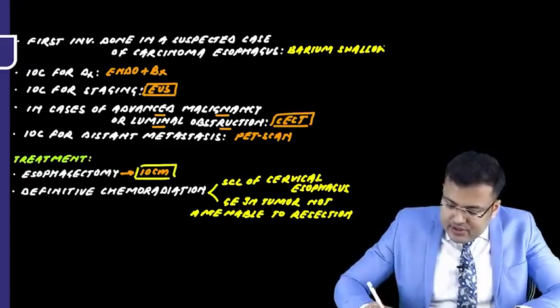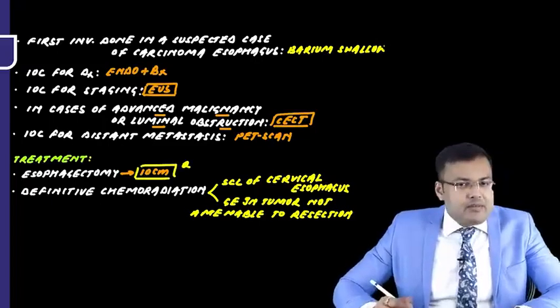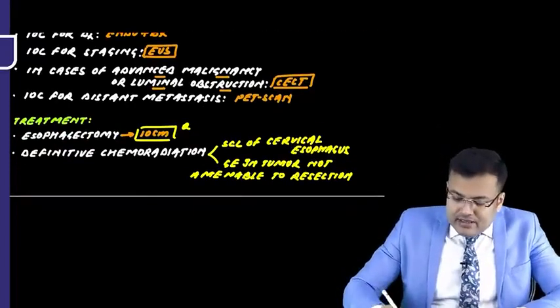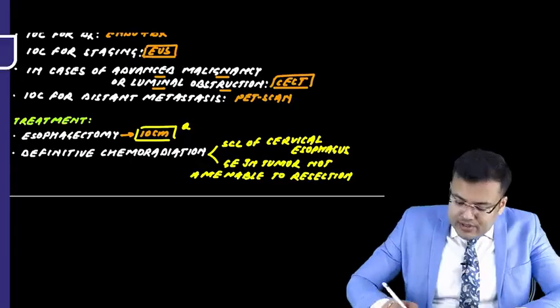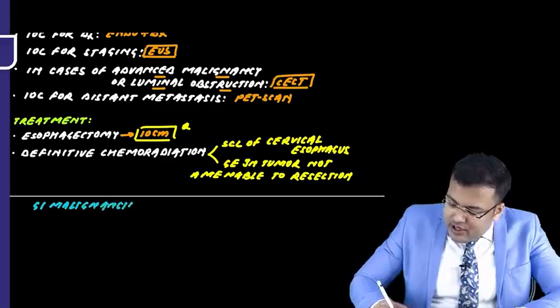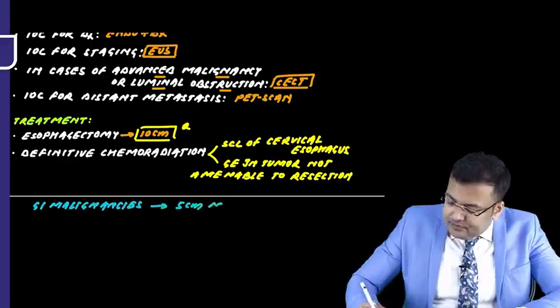Important point: in GI malignancies, during resection and anastomosis, we take a 5 centimeter margin.